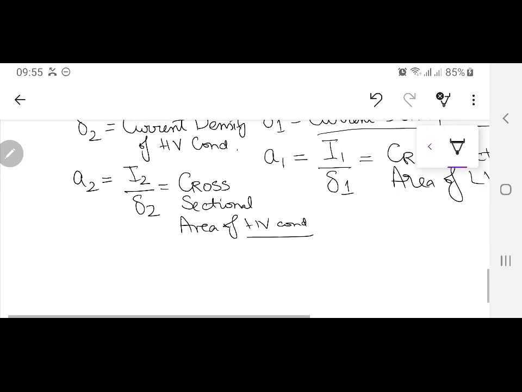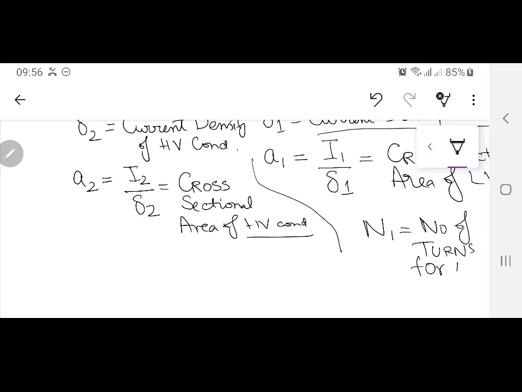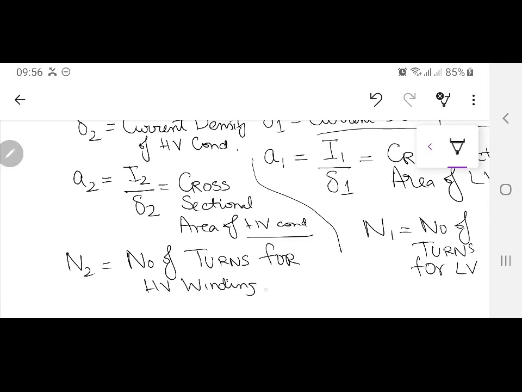And certainly, not to forget, N1 is the number of turns for the low voltage winding, and N2 is the number of turns for the high voltage winding. Now these are some variables which you have defined, and they will remain throughout the whole transformer design. So they should be very familiar to you.